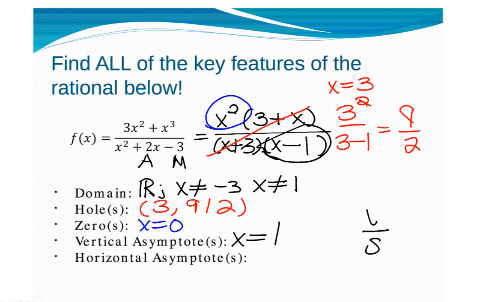And remember, large over small is none. So I have no horizontal asymptote. So that is possible. I can have none as an answer. And that can happen for any of the different pieces. You might not have a hole, you might not have a vertical asymptote. And if you don't, we just write none.